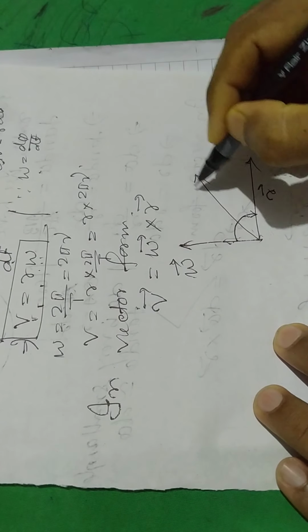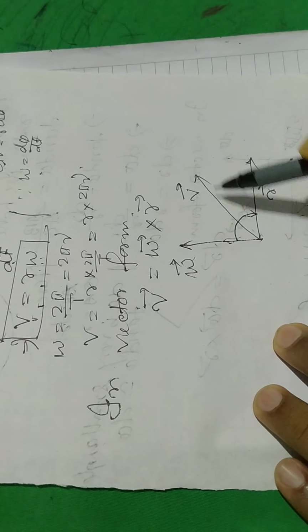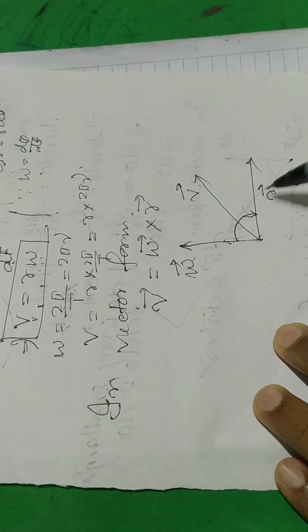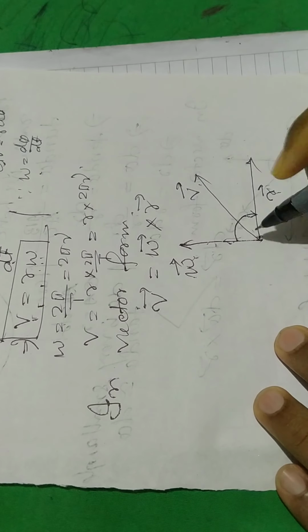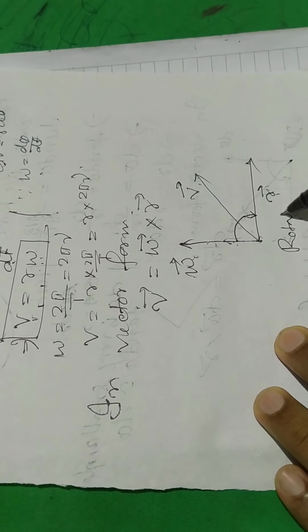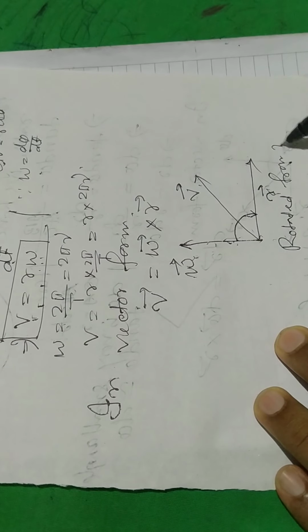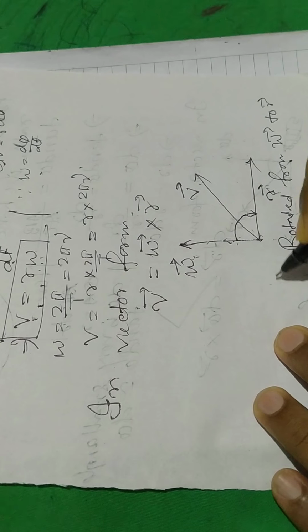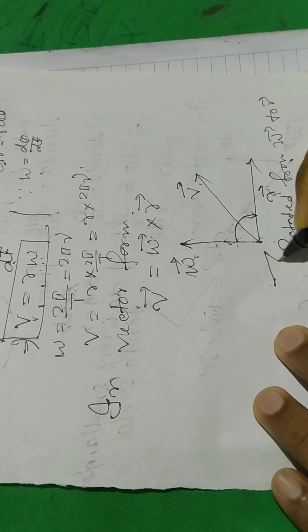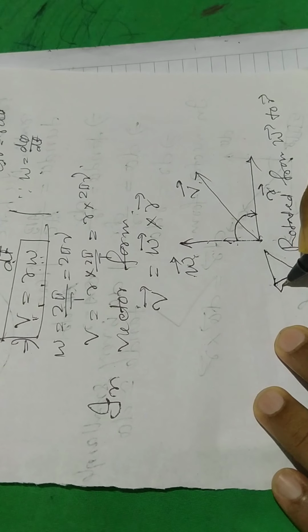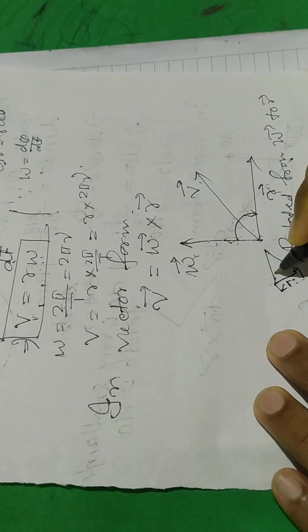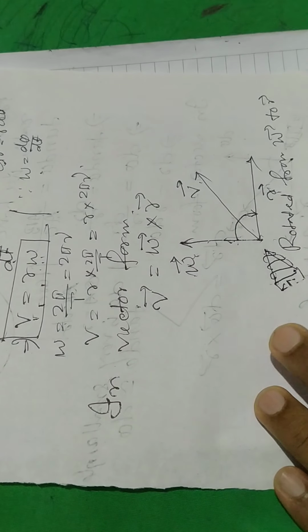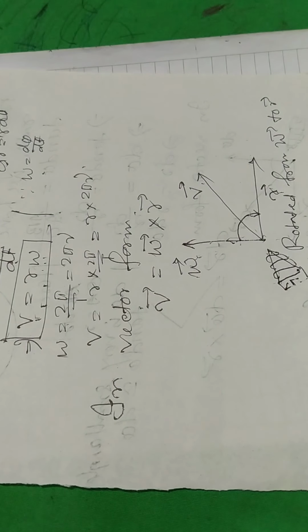The resultant v is perpendicular to omega cross r. v is perpendicular to omega and r, in the direction of rotation from omega to r, as given by the screw rule. So this is the relation between linear and angular velocity.